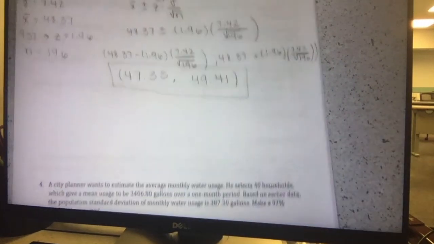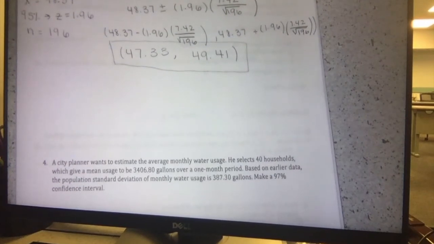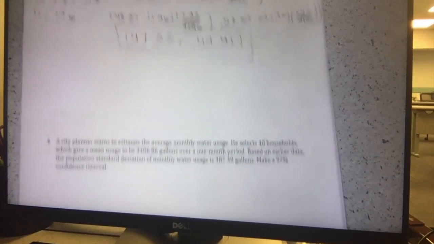So example 4: a city planner wants to estimate the average monthly water usage. He selects 40 households, which give a mean usage of 3,406.80 gallons over a 1-month period. Based on earlier data, the population standard deviation of monthly water usage is 387.30 gallons. Make a 97% confidence interval. Writing everything they gave us: 40 households, so n is 40.